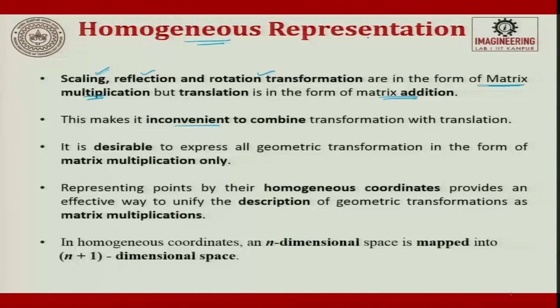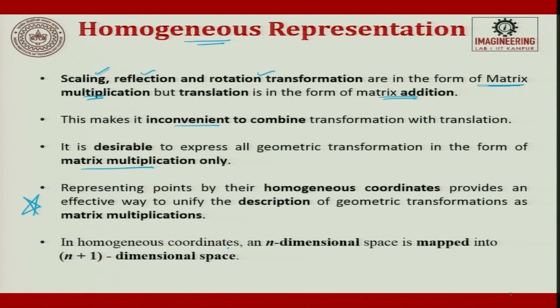Homogeneous representation is only moving towards this. Representing points by their homogeneous coordinates provides an effective way to unify the description of geometric transformations as matrix multiplication. Very, very important point we have discussed.